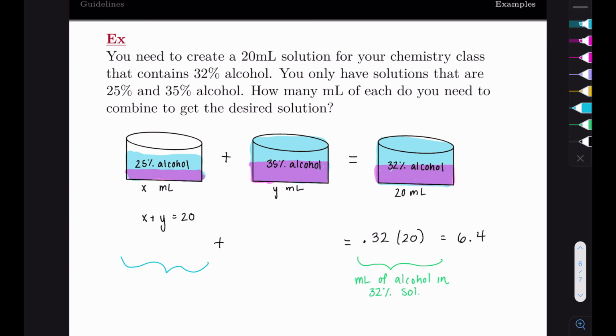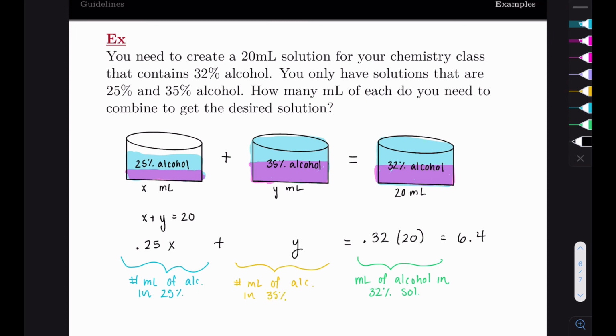In the first jug, this is the number of milliliters of alcohol in the 25% solution. So we take the milliliters in total of the solution, and we find 25% of it. And then same thing in the third one. This is the number of milliliters of alcohol in this 35% solution.